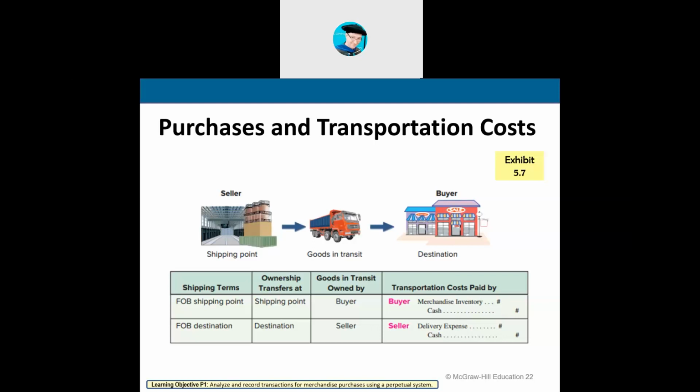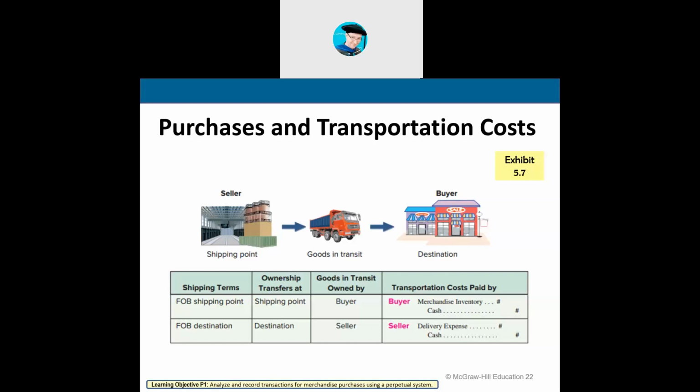Now, the reason why we debit merchandise inventory to include the cost of the merchandise and the cost of the transportation of that merchandise to us is because merchandise inventory represents the total cost of inventory.